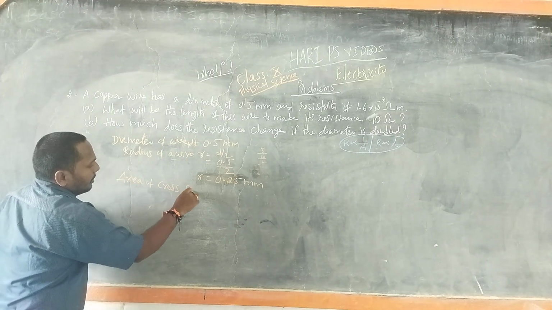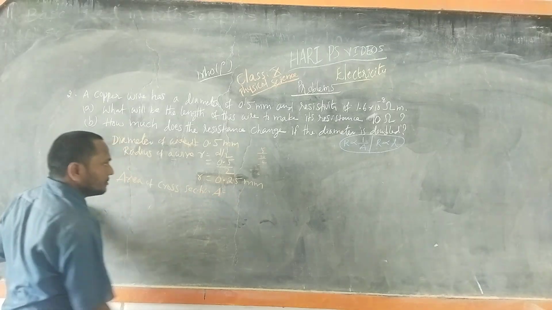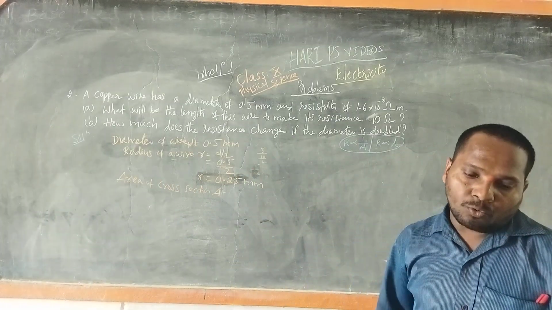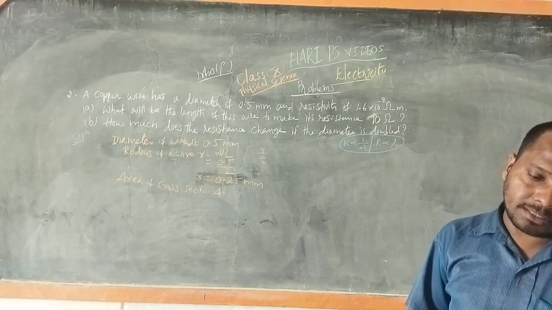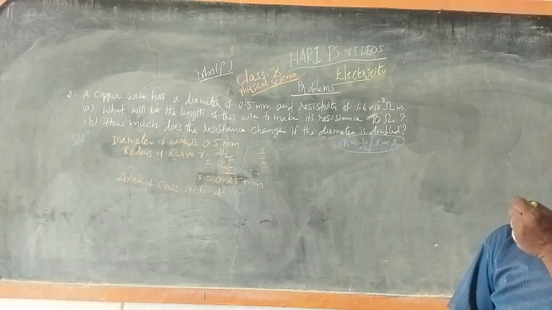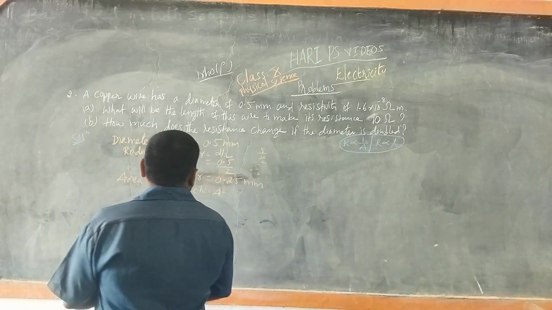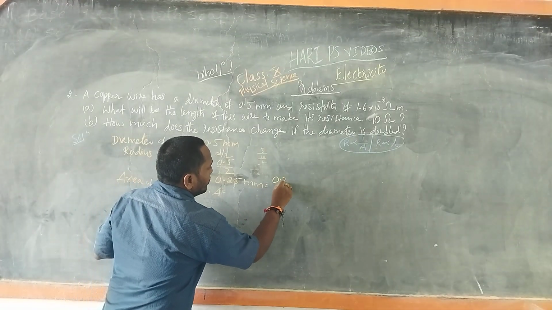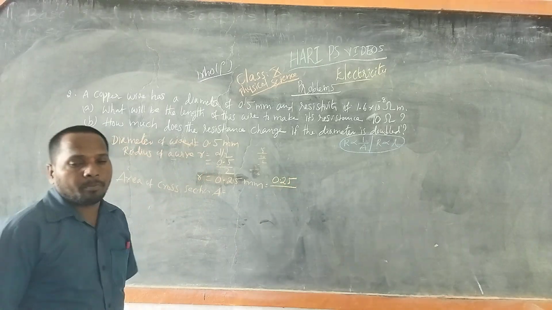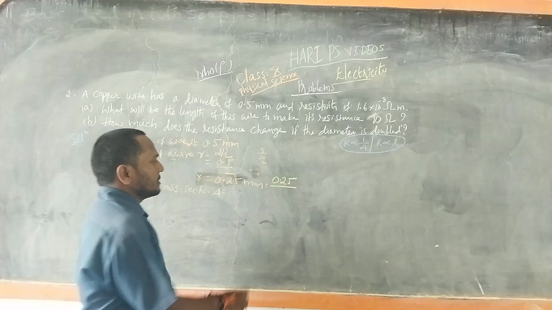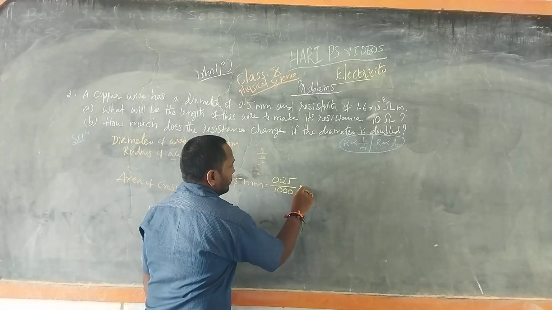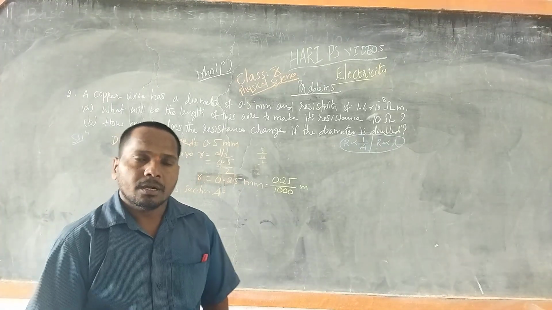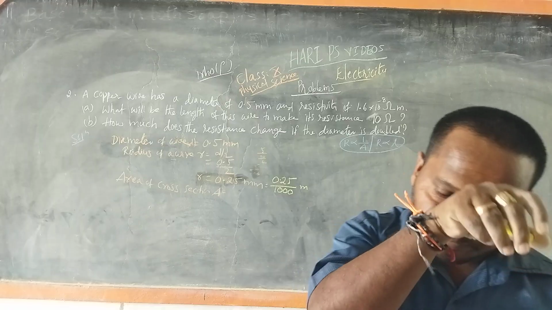Now calculate the area of cross section. The cross section of the wire is circular, so area is equal to pi r square. So 0.25 millimeter should be written as 0.25 by 1000 meters, converting millimeters into meters.